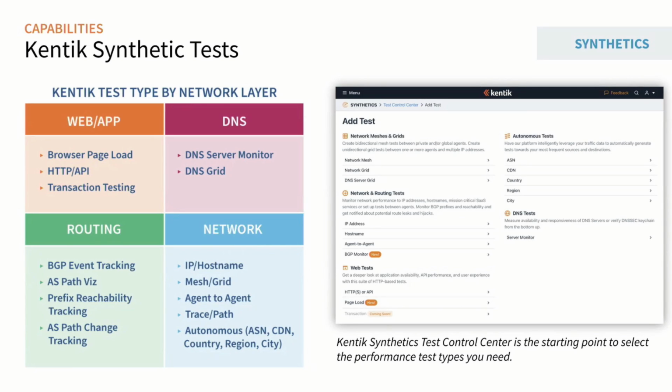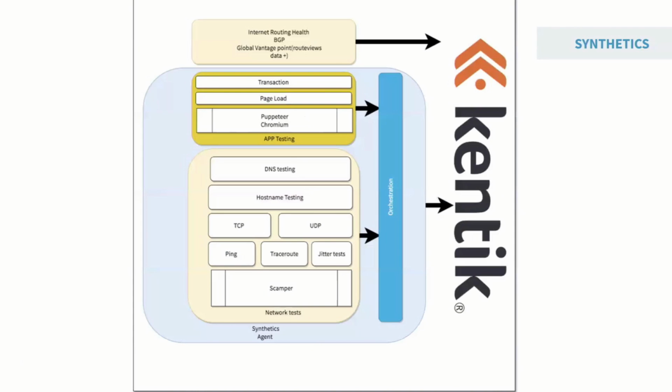So you can see there's a bunch of different things we have in terms of what's available for setting up tests. When we go to add a test in the product, we see those different options, and I can talk a little bit about what each of those are. But before I do that, I just want to talk a little bit about how the agent works and what's going on with that agent.